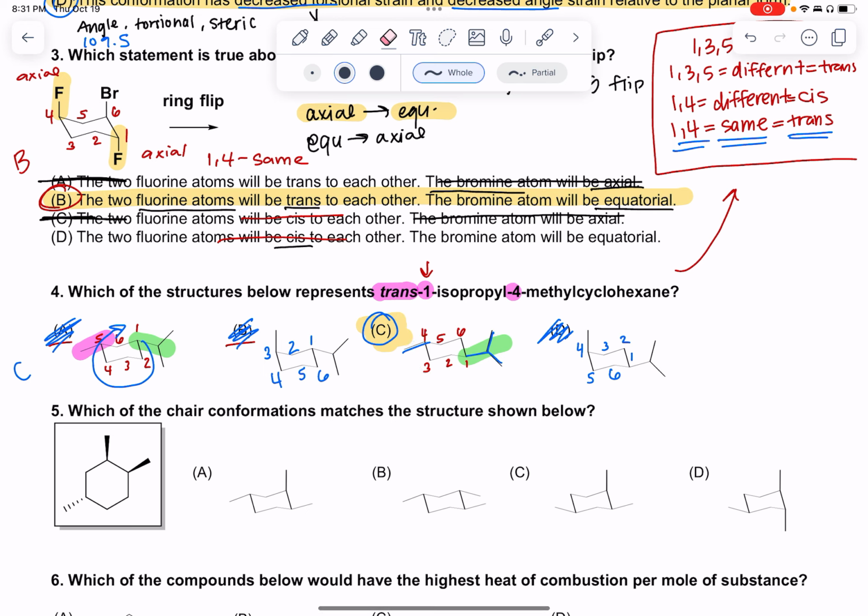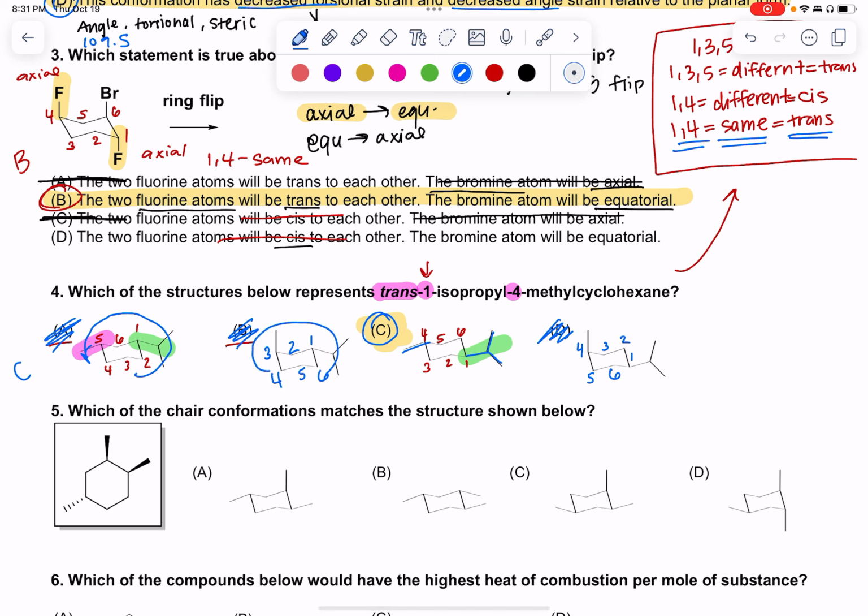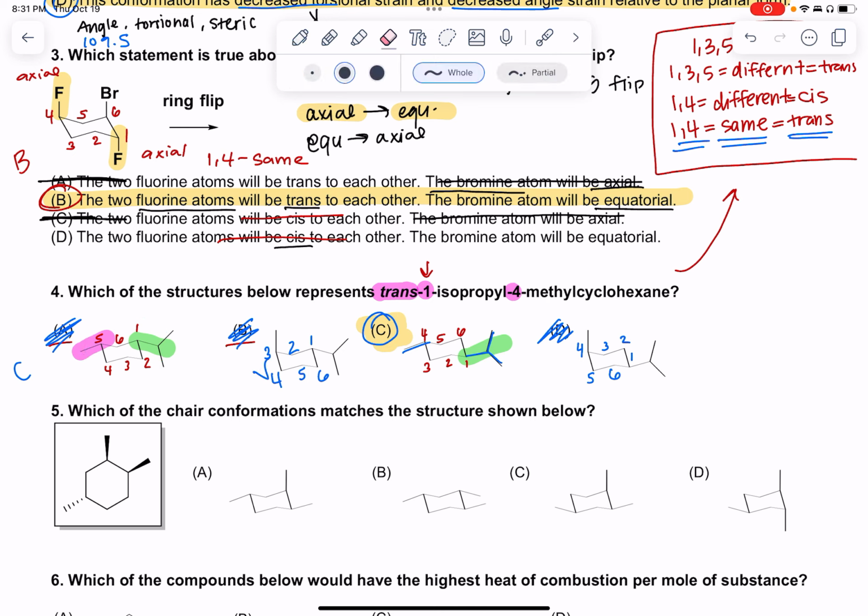But that's just to say that if you went this way instead on all of them, you would still get the same answer. It's not so much that you have to follow a direction when you number, as long as you start at the same place, where that substituent is. And because they told us it's 1, that's why I decided to start with isopropyl at 1 every time.